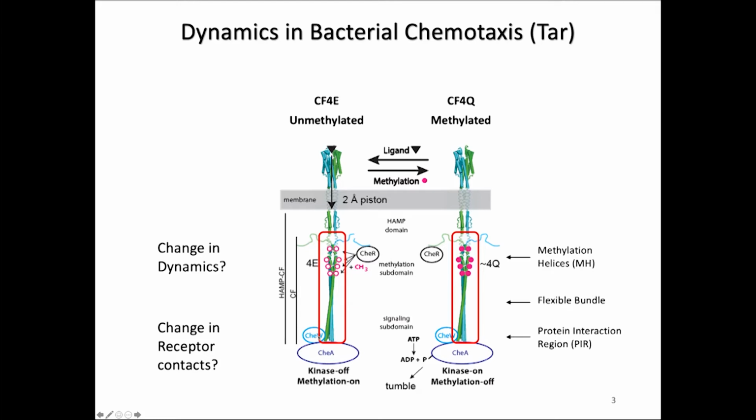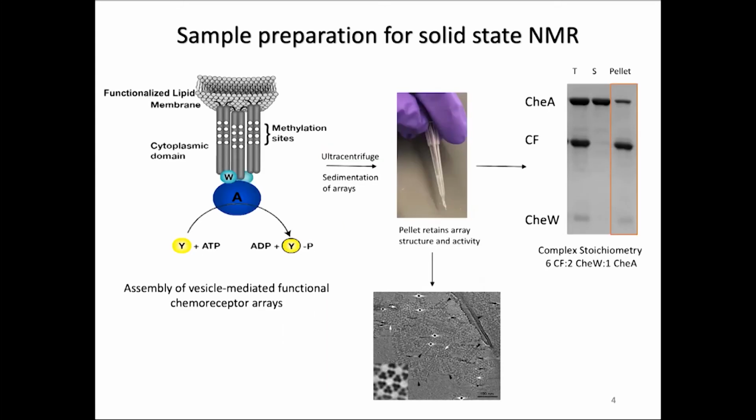Just to reiterate, when the kinase is off, the methylation is on, and when the kinase is on, the methylation is off. Before going to the data, let me just show briefly how we actually prepare the samples.